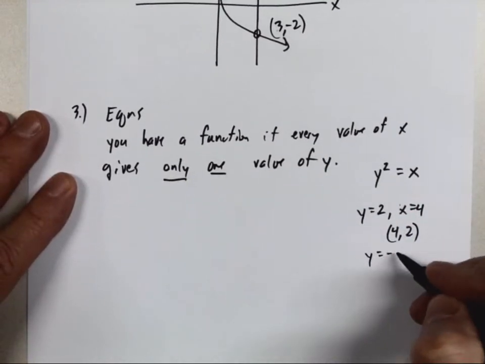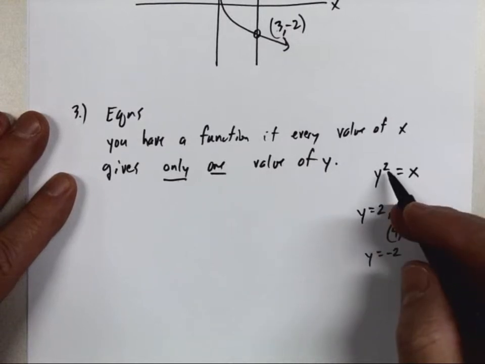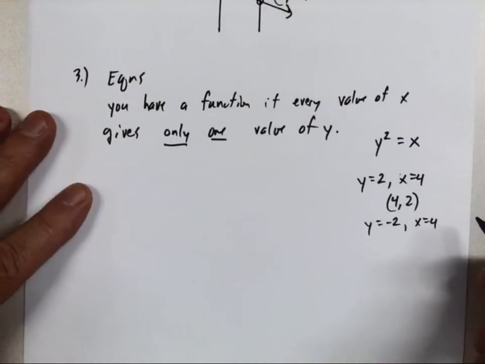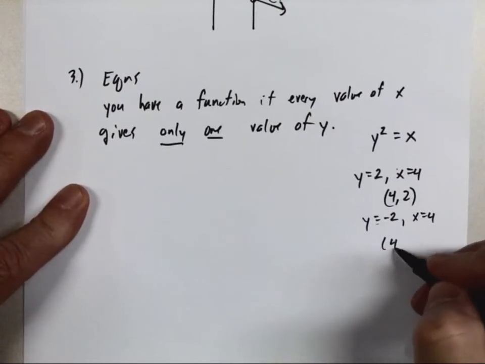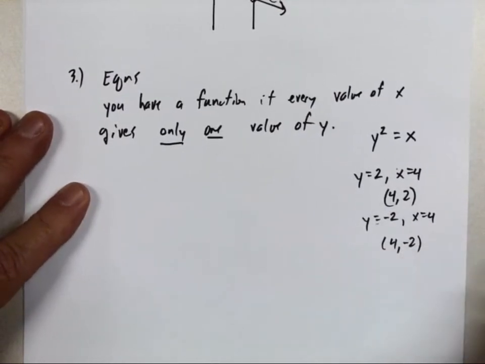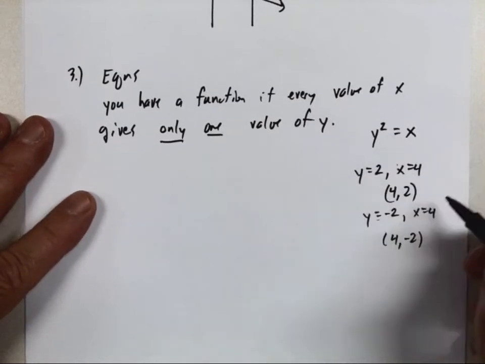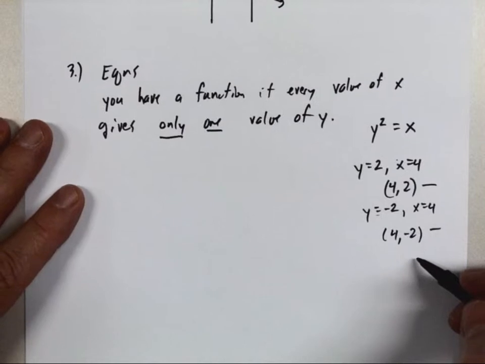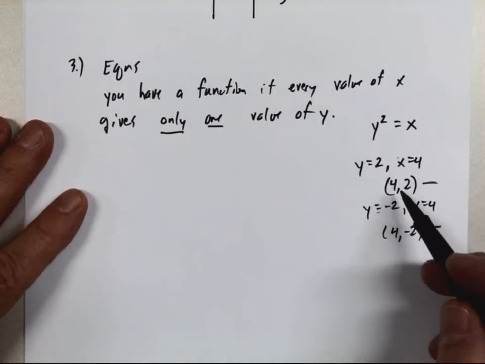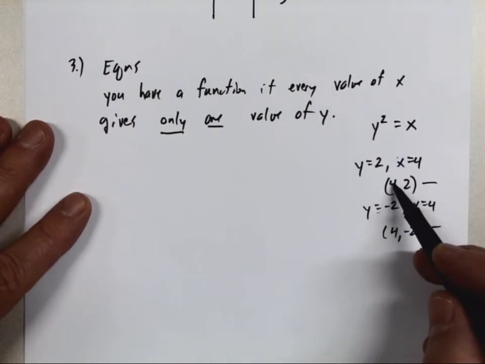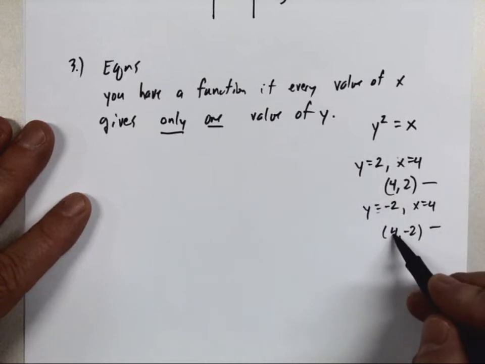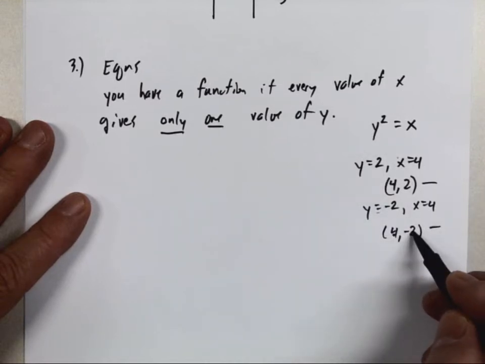What happens when I plug in negative 2 for y? What is x? X is 4. So from this equation, I've come up with the two ordered pairs, but look what has happened. When x is 4, y is 2. When x is 4 again, y is negative 2.